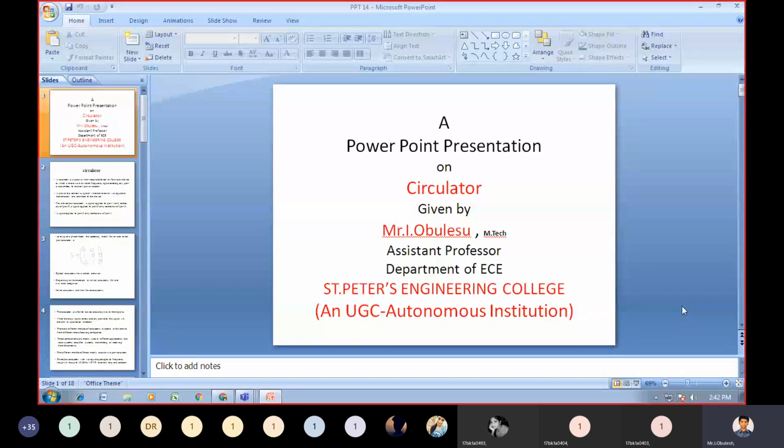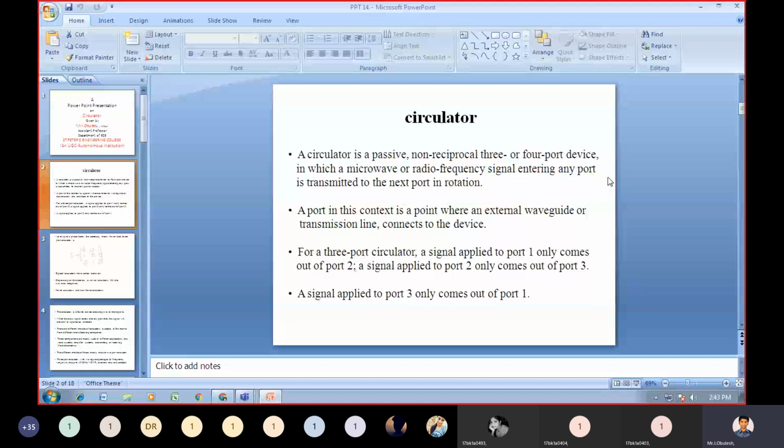So according to our syllabus, we are going to use only the 3 port device, in which a microwave or radio frequency signal entering any port is transmitted to the next port in rotation mode.